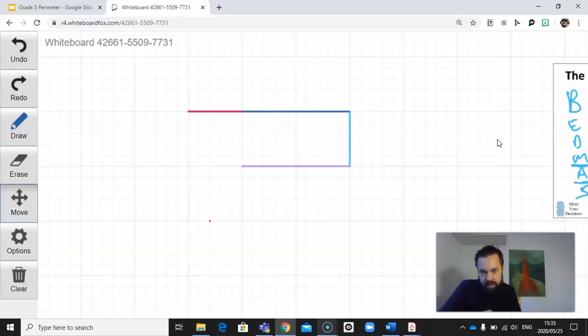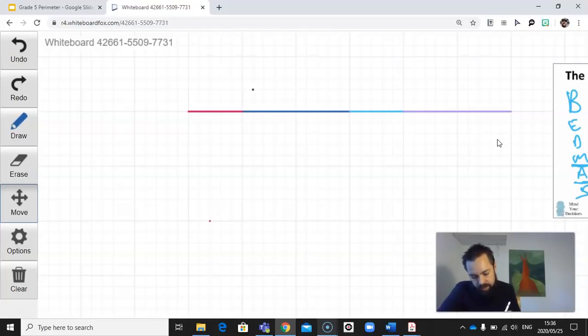So I've just got rid of it over there. I've just moved it. Next up, I'm going to take this blue line and I'm going to put it over here and erase that. Now I'm going to take the purple line and put it there. And this length that I have here is now the perimeter.